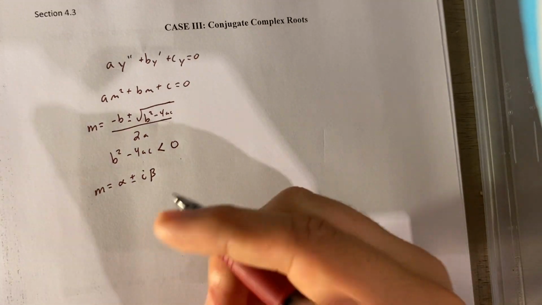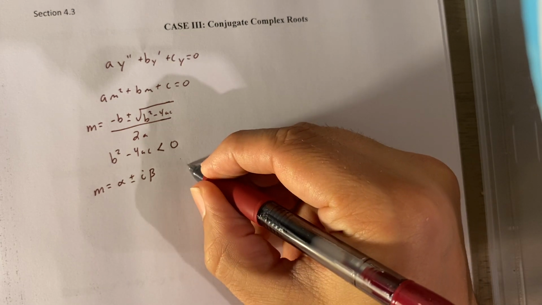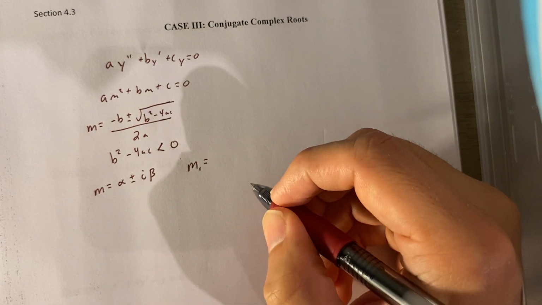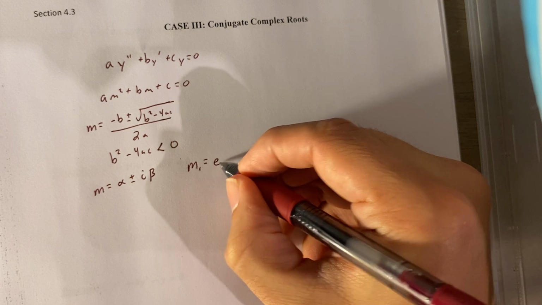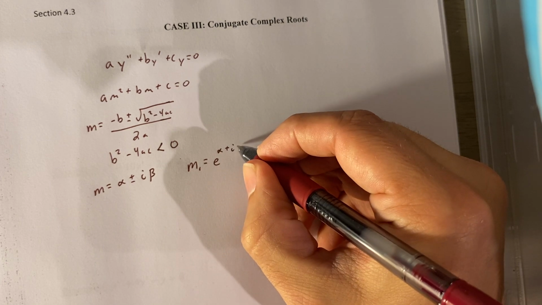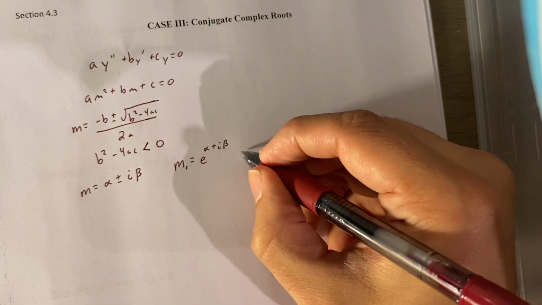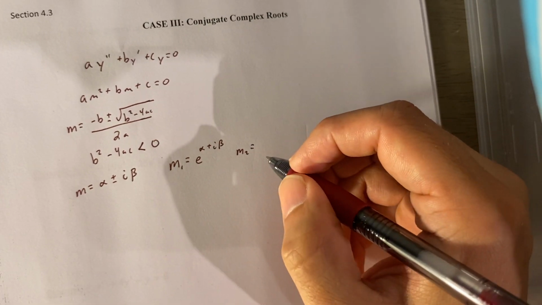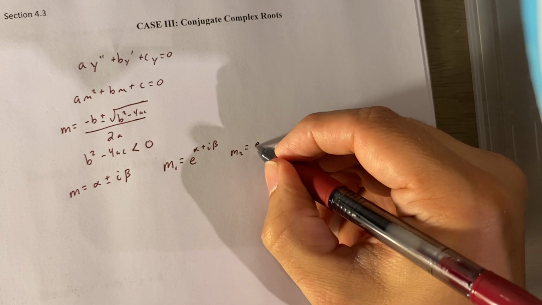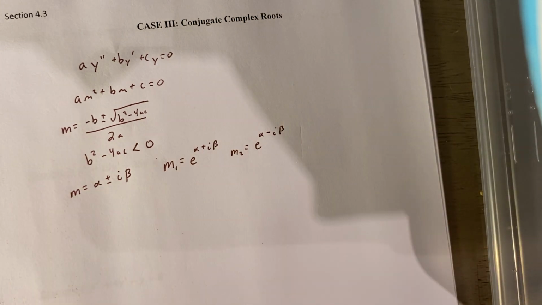And so then our m sub 1 is going to equal alpha plus i times beta, and our m sub 2 is equal to alpha minus i times beta.